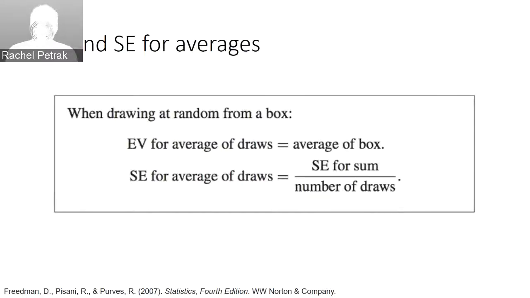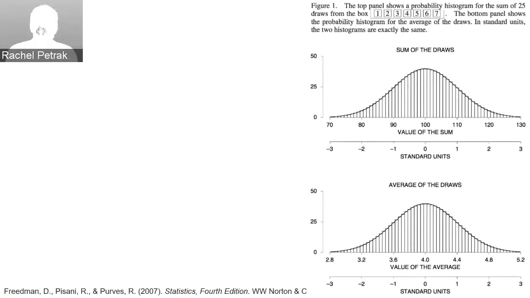Let's see. So here we'll take a quick look at these probability histograms. The top one here is the probability histogram for the sum of draws from the box, and the bottom panel shows us the probability histogram for the average of the draws.